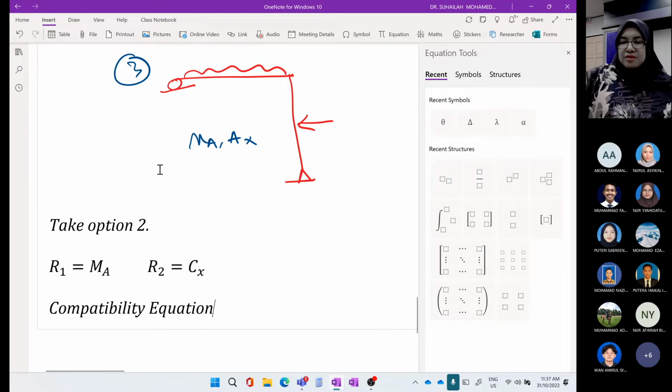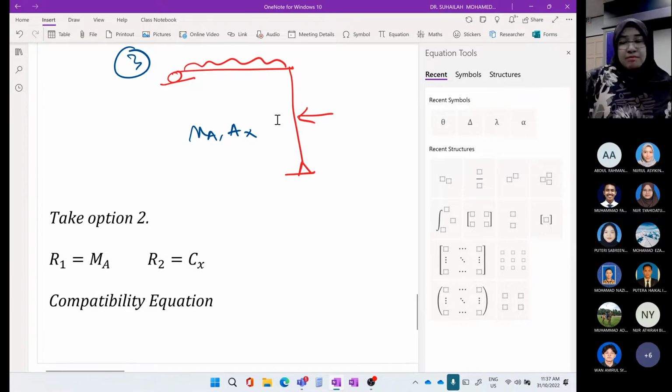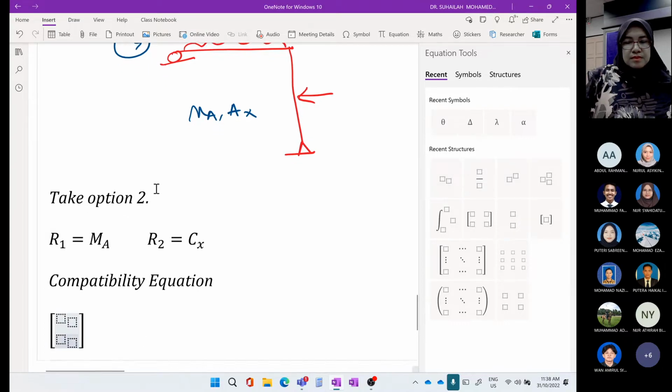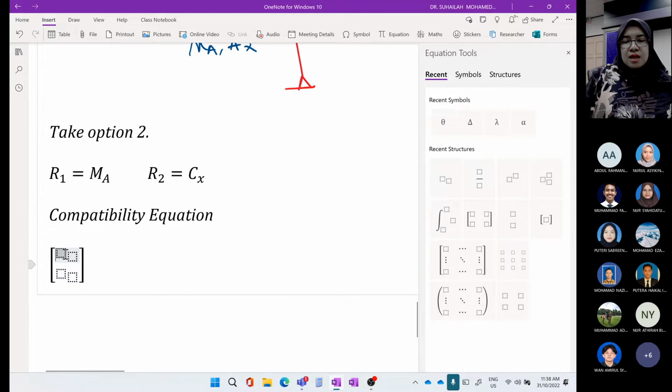Okay, compatibility equation in matrix form. It is actually two simultaneous equation we transform into matrix form. So we start right from the primary system. Okay.